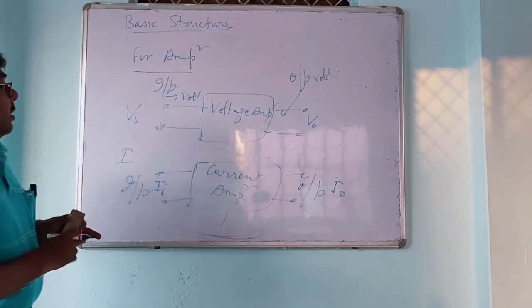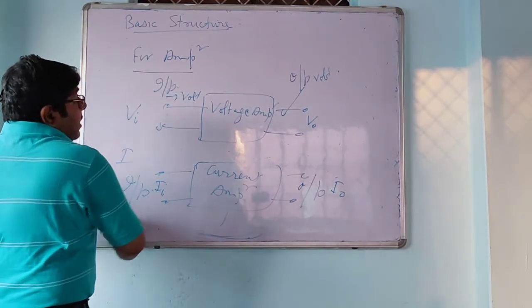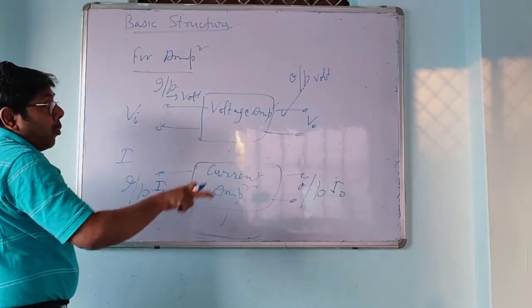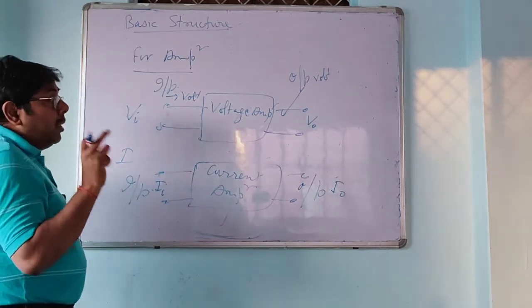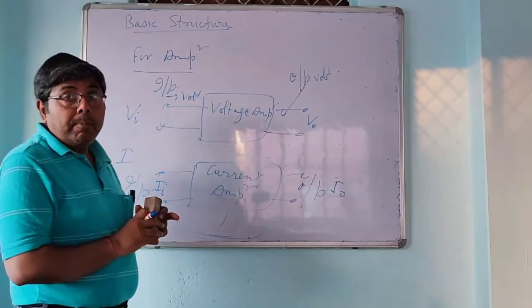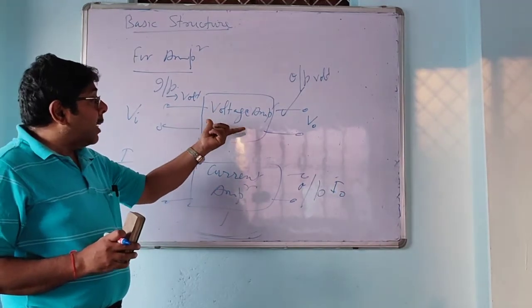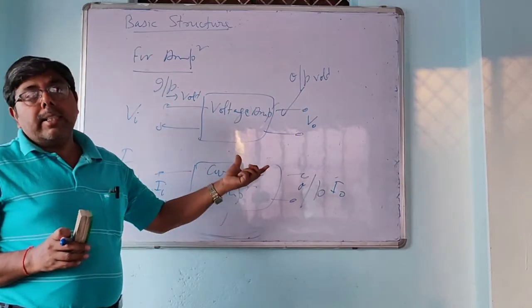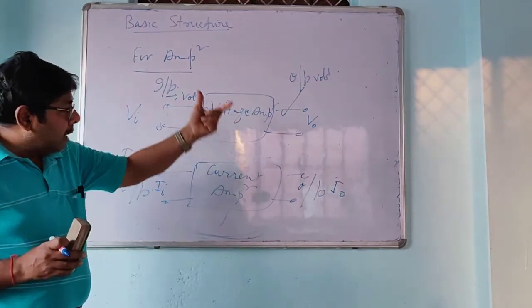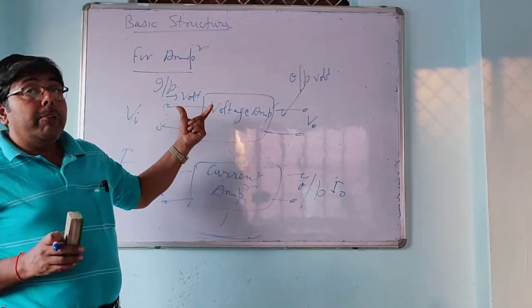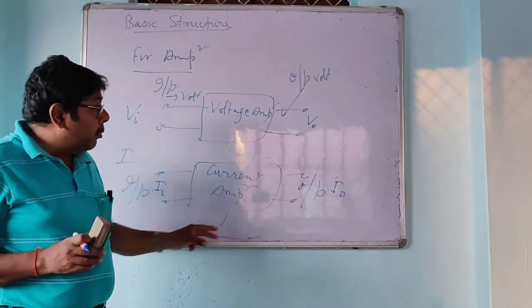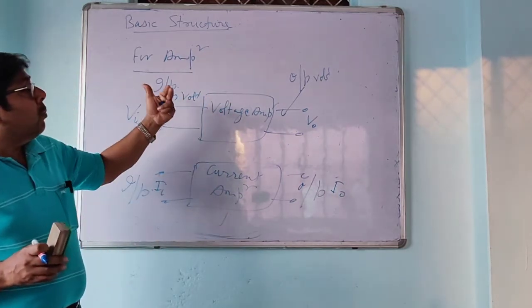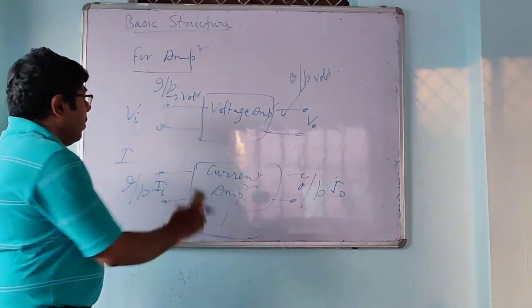In all these four feedback topologies we use the basic amplifier, one time as a voltage amplifier, another time as a current amplifier, then transconductance and transresistance. These four topologies are based on these four basic amplifiers.